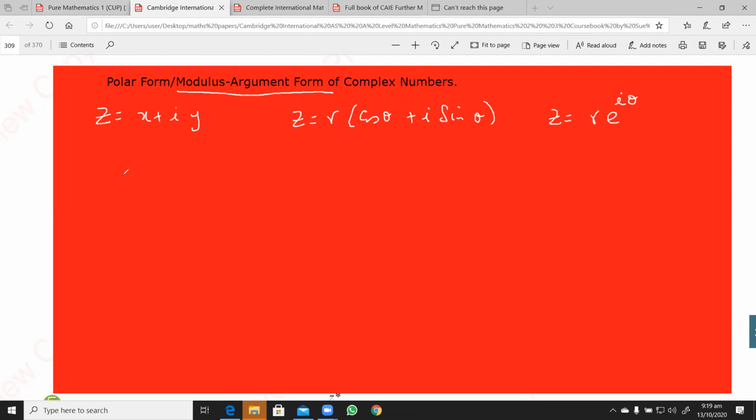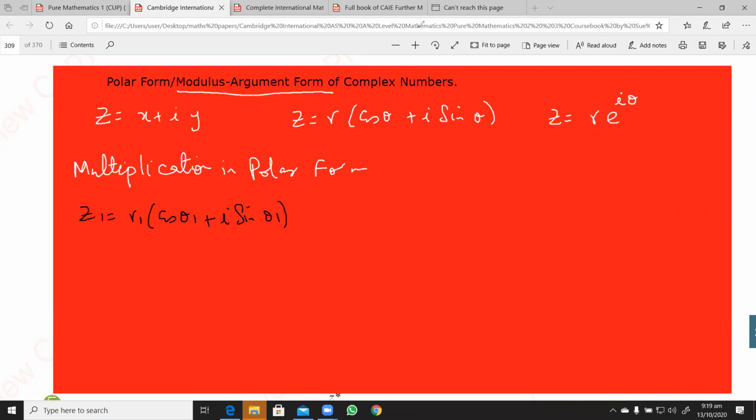Now, I have to tell you what happens when you multiply two complex numbers in polar form. Suppose you have a complex number z1, which is r1 cos theta 1 plus iota sine theta 1.